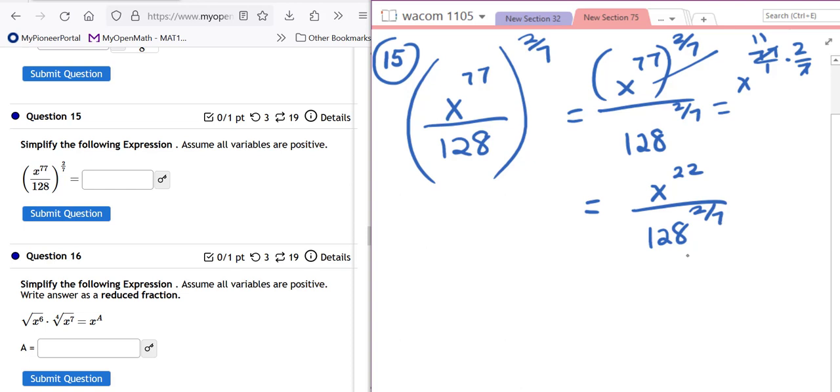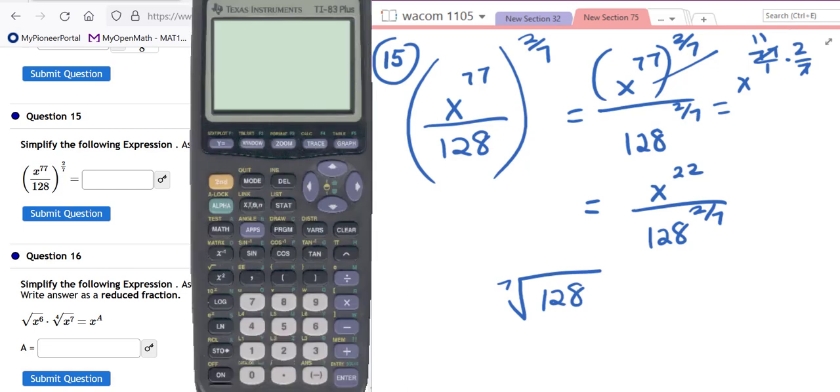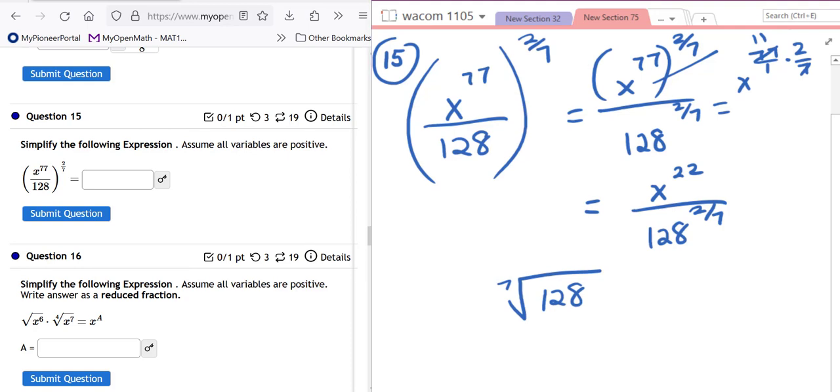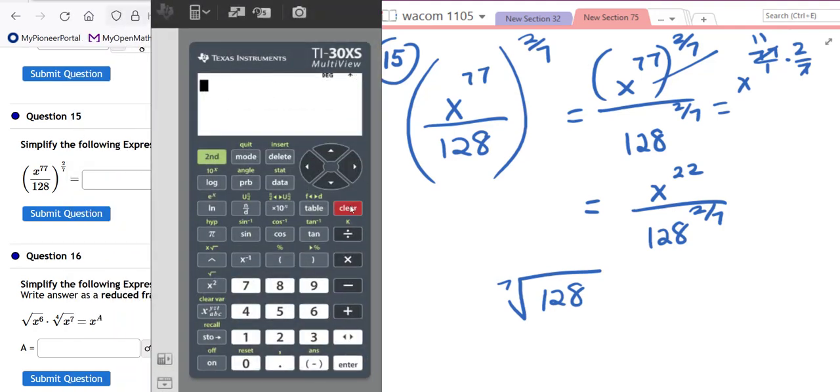Let's see if we can simplify that radical. So 7th root of 128. We'll have to go to a calculator for that. Home calculator. Sorry, I should have turned that other one off. So 7th root of 128 is 2. All right, so we're going to be okay here.